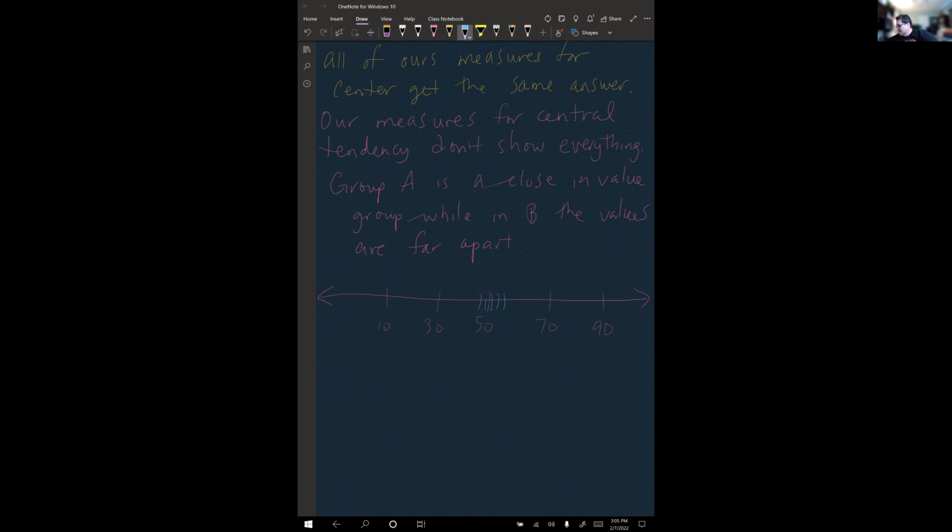But group B is all over the place, isn't it? We got one over here, one over here, one there, one there, one there. B is kind of spread out. Whereas A is not spread out.